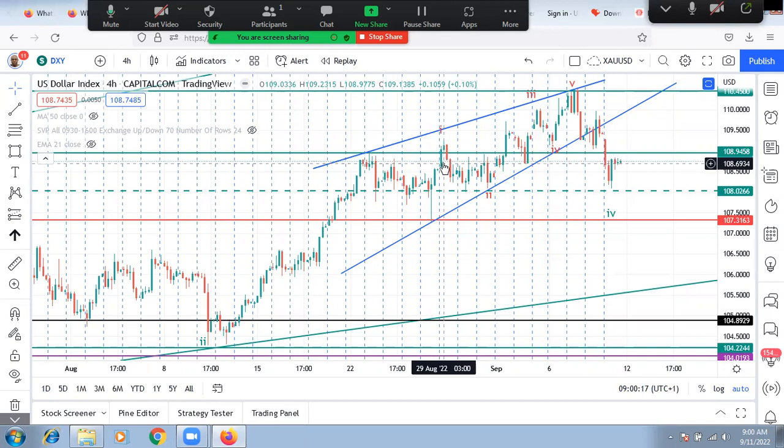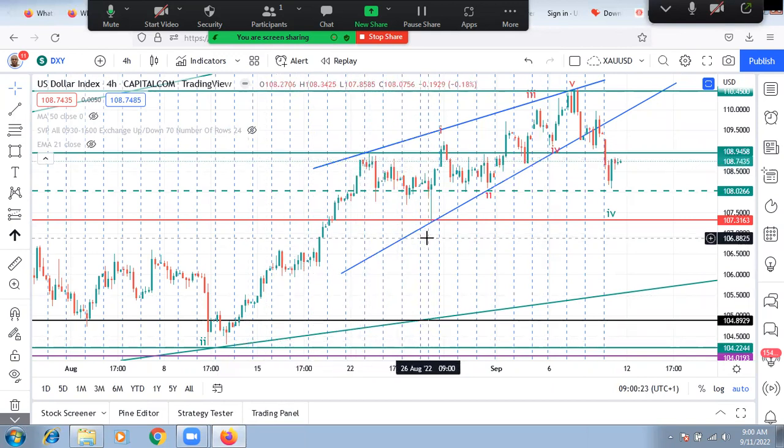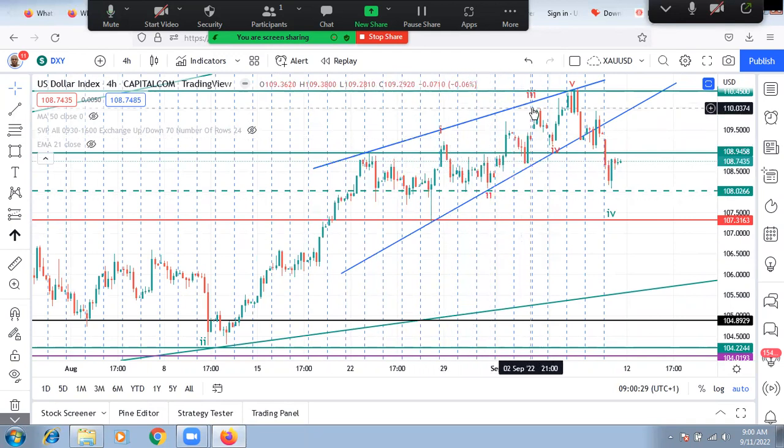If the 2 here finishes this one, we have a 1 of the ending structure, a 2 of the ending structure, a 3 of the ending structure, which this part gave us a flat A, B, C to give us the 4, and the last one, which, if this indeed is an ending structure, is the 5.